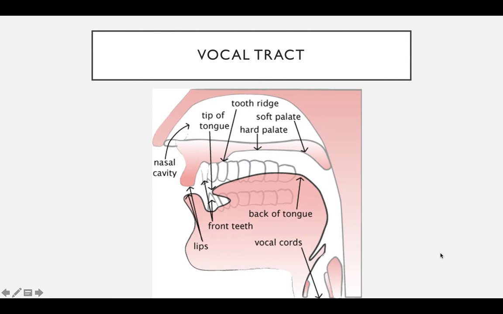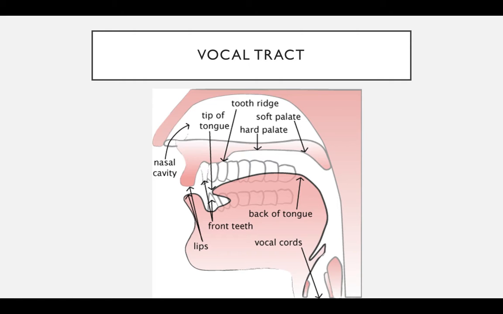Okay, so next I would go into a little chart on our vocal tract. I would have students pay attention to the different parts of the mouth that we will use, or the vocal tract that we will use to produce the TH sound.